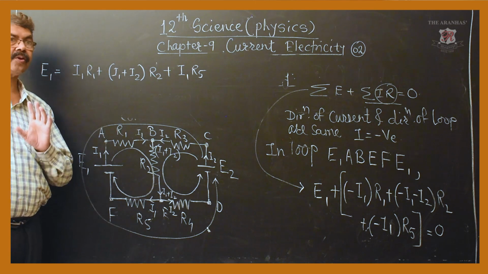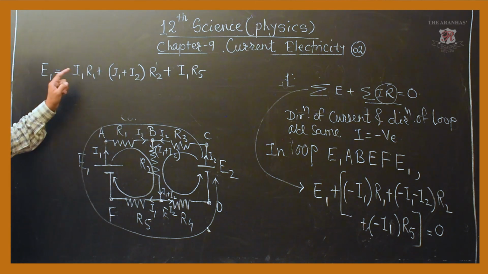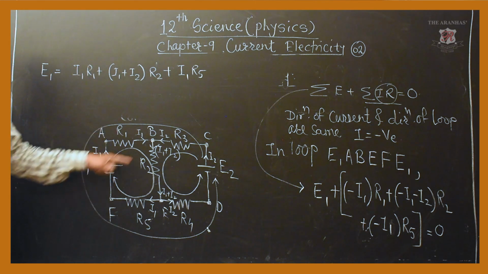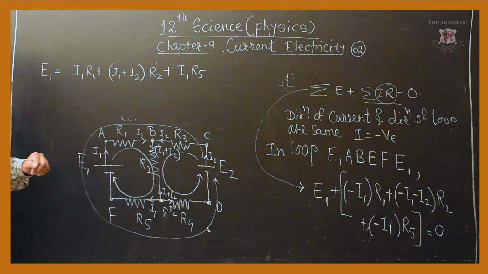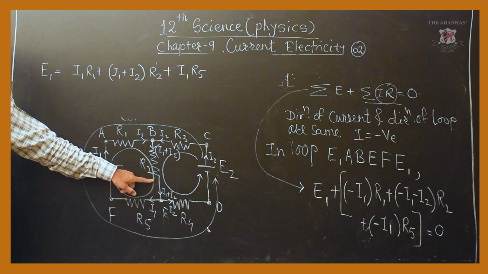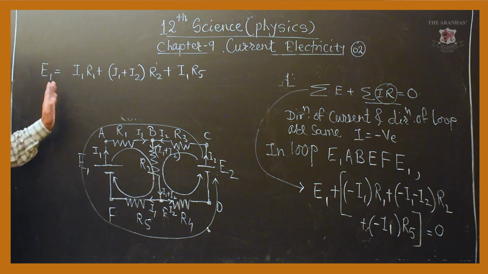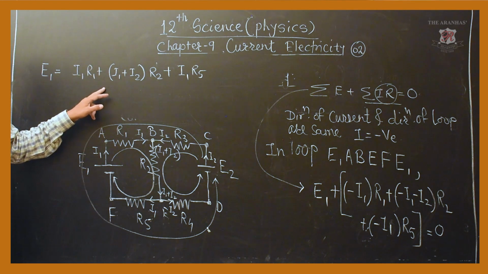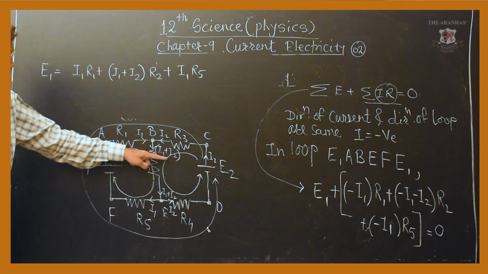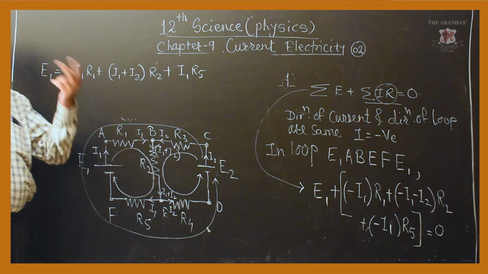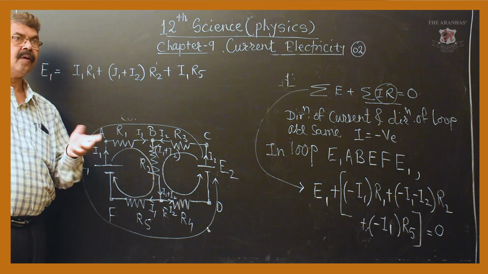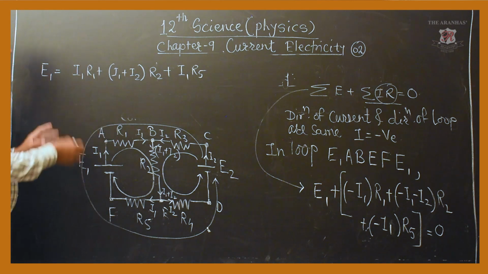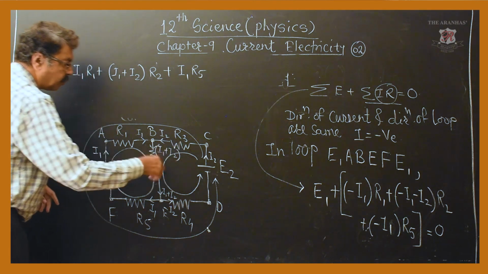What type of questions do they normally ask? What is the current flowing through the external resistance, that is this resistance? So if I find the values of I1 and I2, then I can just add them up, or solve the two equations simultaneously. Now I am writing the equation directly for this loop.